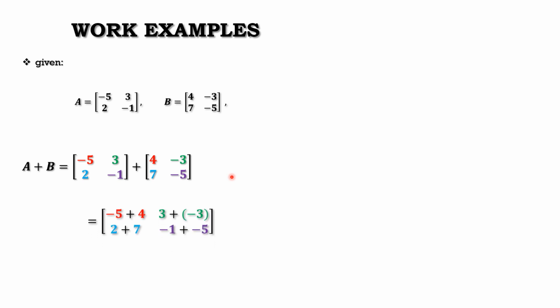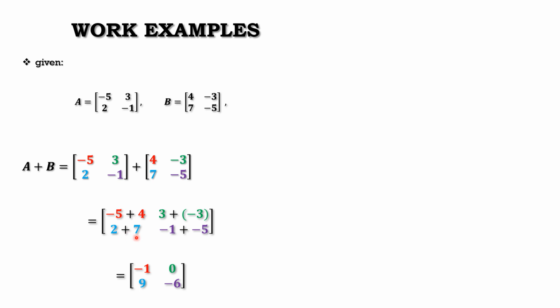So if I want to perform the addition operation, it is going to be performed based on the corresponding elements in the matrices. So we have -5 plus 4, 3 plus -3, 2 plus 7, -1 plus -5.